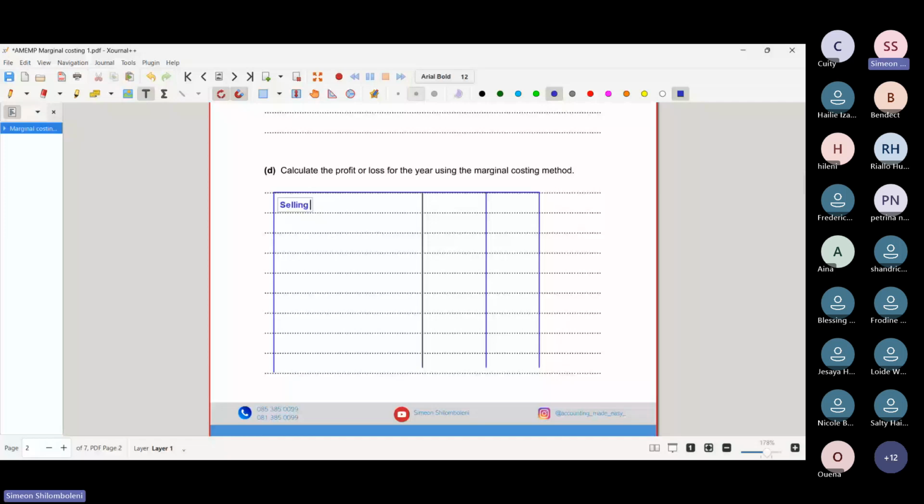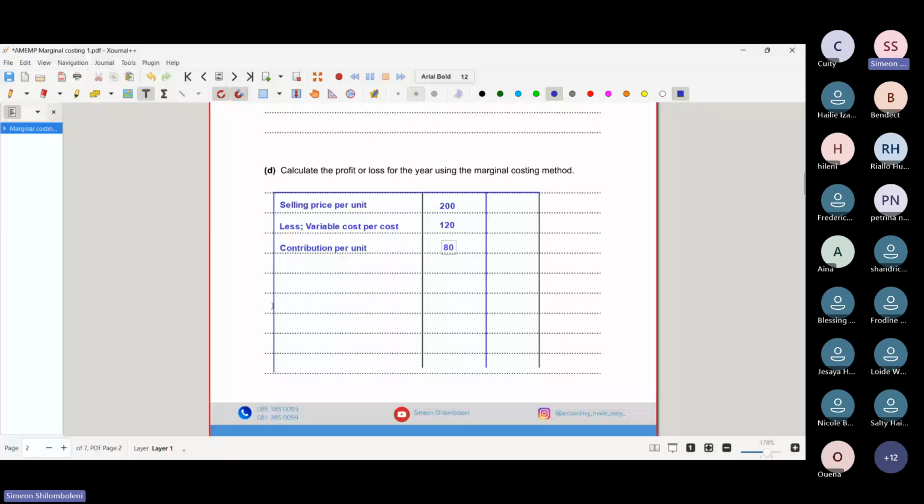Then we have less variable cost per unit. Then we have contribution per unit. We can quickly work this one out. This one we already worked out. It's 200 minus 120, which is 80. Now, if you check, our contribution is now 80.